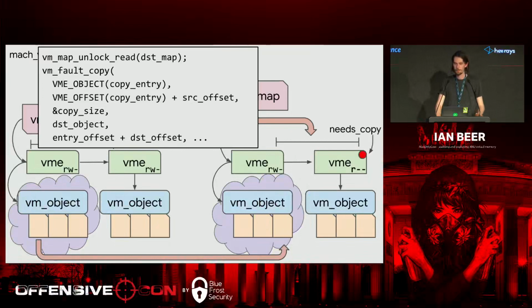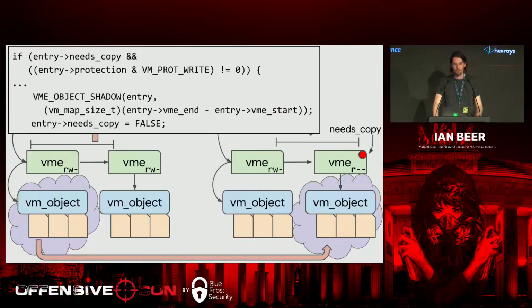So we are kind of free to just put a different VME here. We can put a needs copy VME, but we can also, much like DirtyCow, we can put a read-only VME here, which is a needs copy and write copy, potentially of a file.